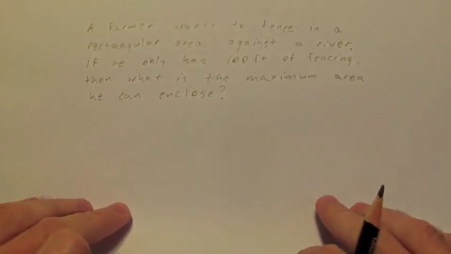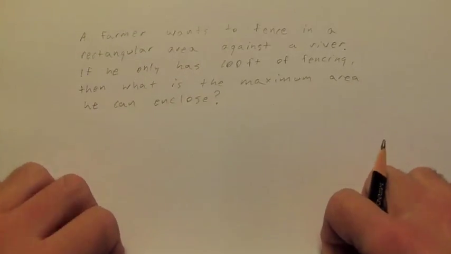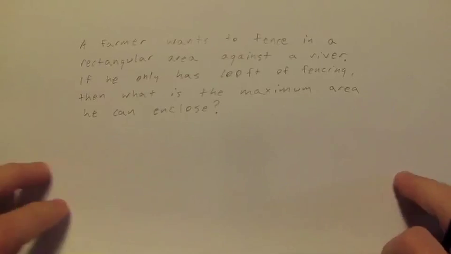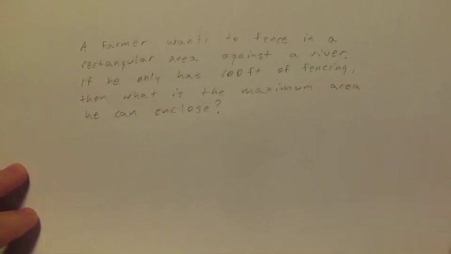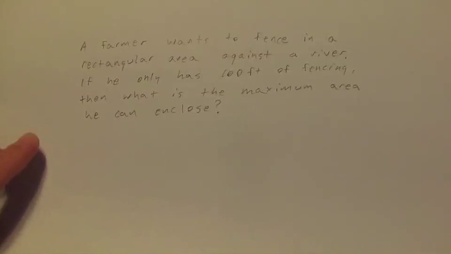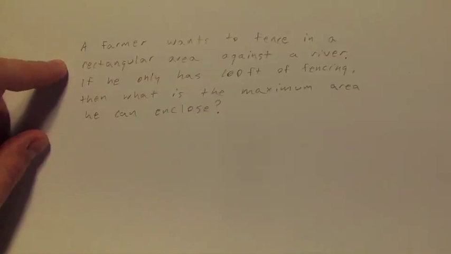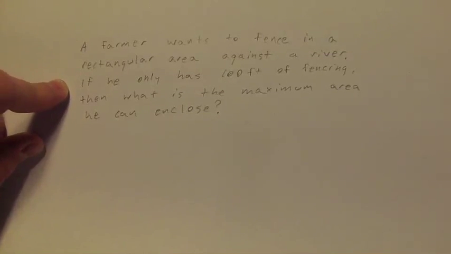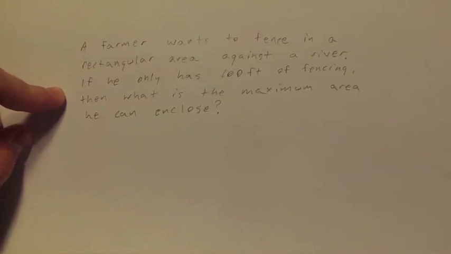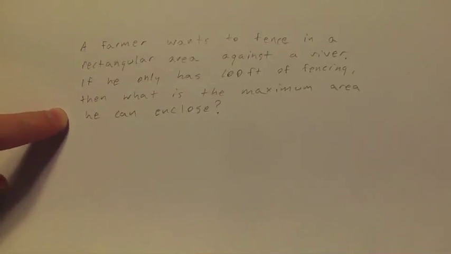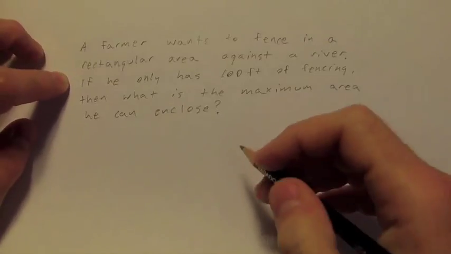So this is a geometry example. There are a lot of those in this section. In fact, the majority of the things you'll see in your book are geometry problems. Let's say, we'll start simply, a farmer wants to fence in a rectangular area against a river. If he only has 100 feet of fencing, then what is the maximum area he can enclose? So here's basically what's happening.